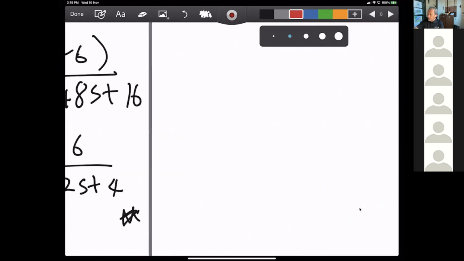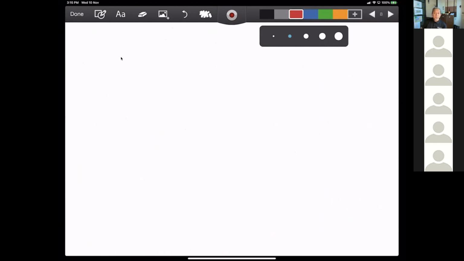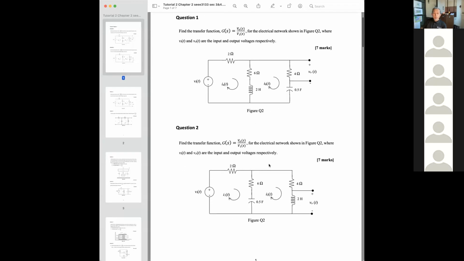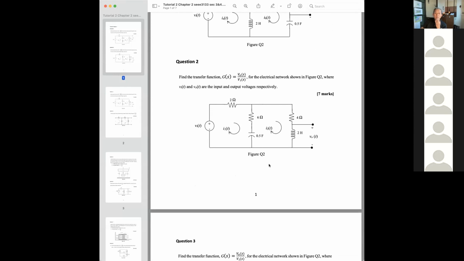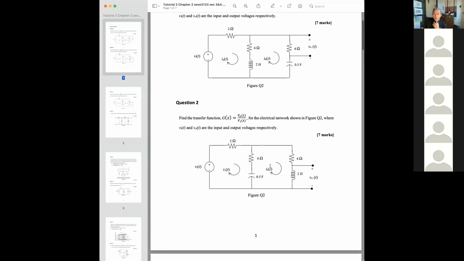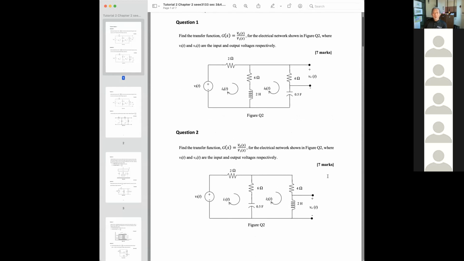Okay, so the second question, tutorial. Balkis, again. Second question: find the transfer function G of S equal to V naught of S over VI of S for the electrical network shown in figure question 2, where VI of t and V naught of t are the input and output voltages respectively. So it is almost the same, but they have different values, am I right?